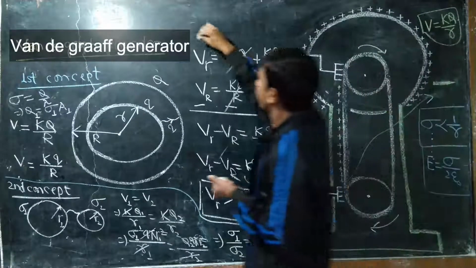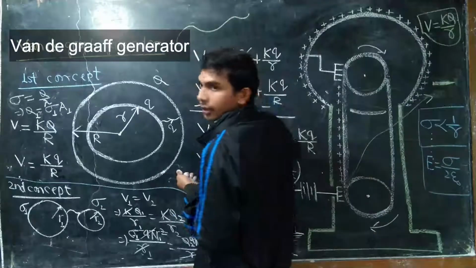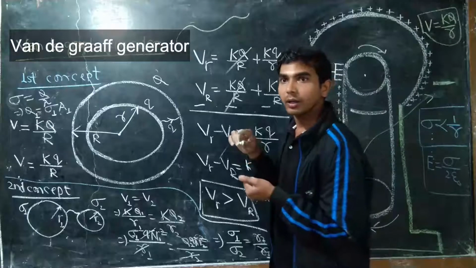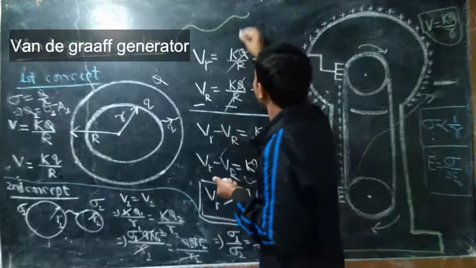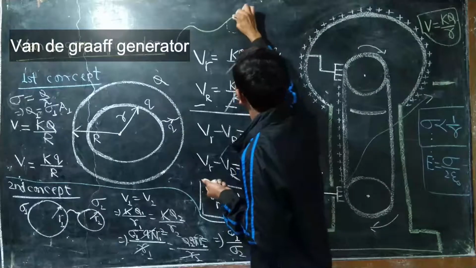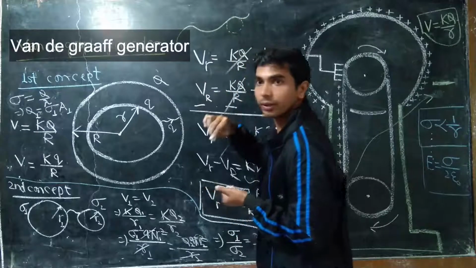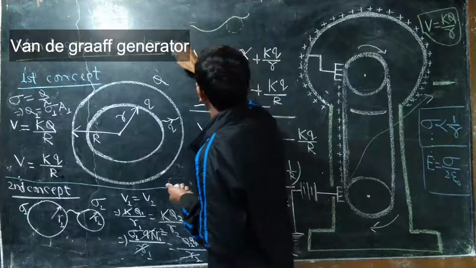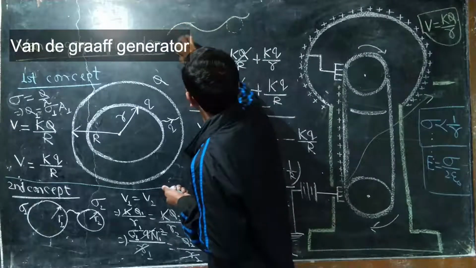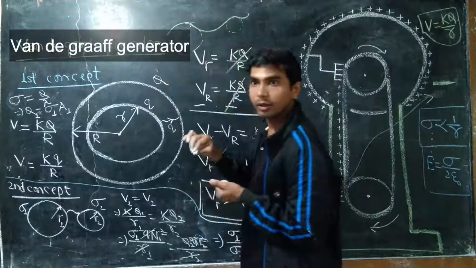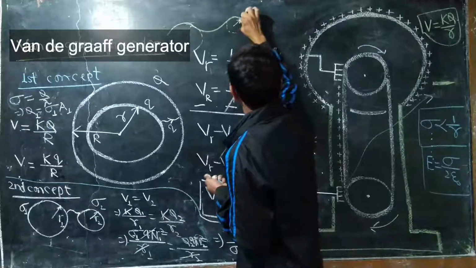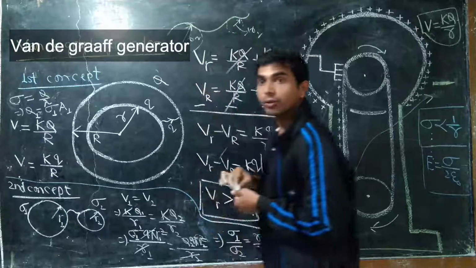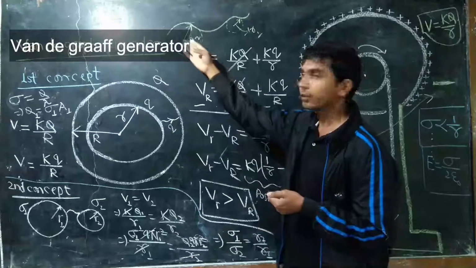Because suppose this is your curve. Every curve is a part of a sphere. Suppose I draw a sphere here; it will come on this side. Here this is your radius, and here this is your radius. Which one has the higher radius? This one.